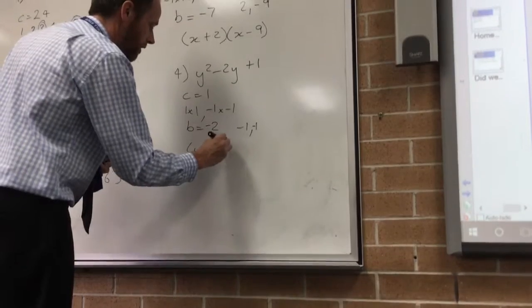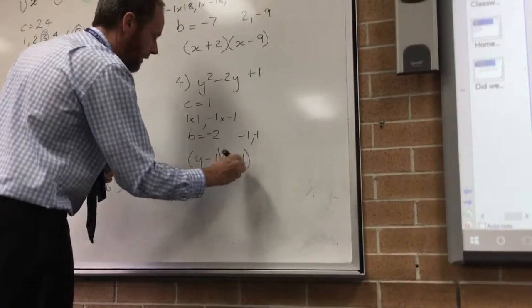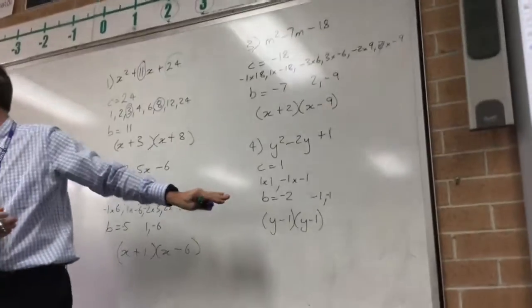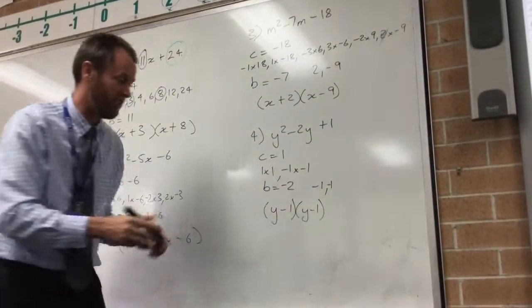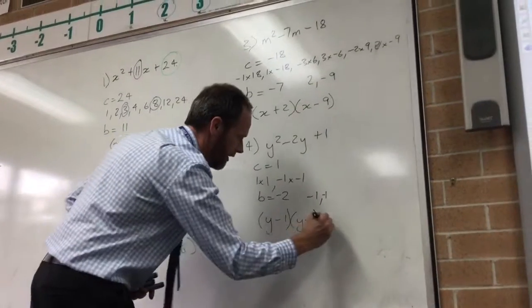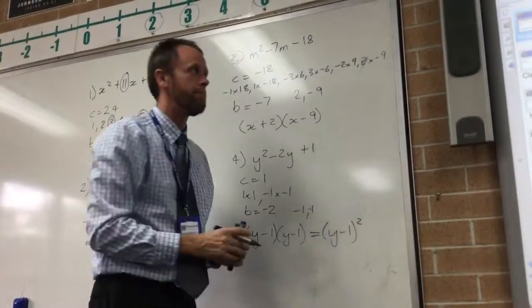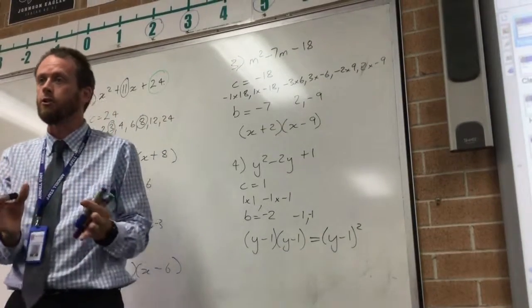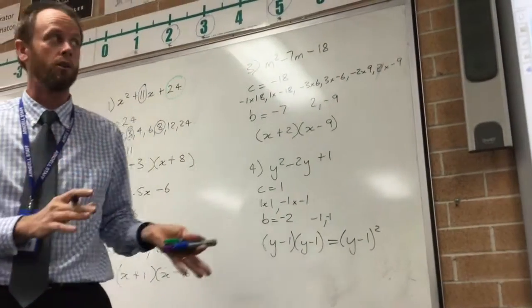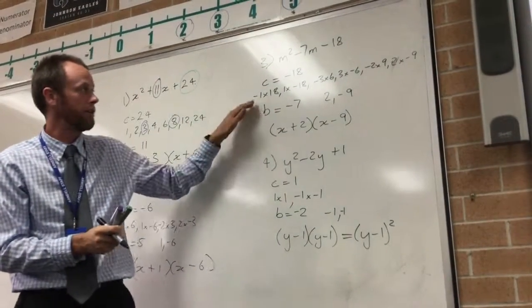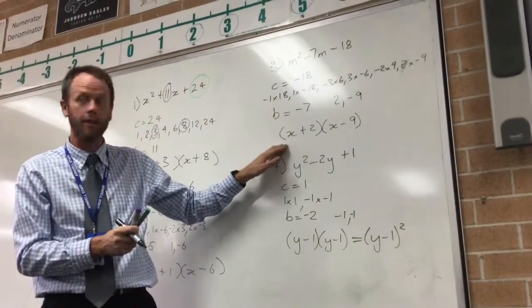It becomes y minus 1 times y minus 1. In fact, if you look carefully enough at that, you'll notice that they're actually the same. So you could actually write it as y minus 1 all squared. That's actually how you factorize monic quadratic expressions. Follow the logic, c and then b, and then just write it out.